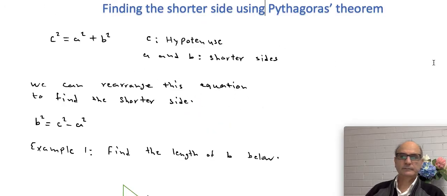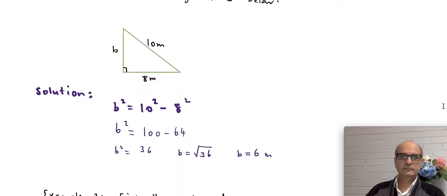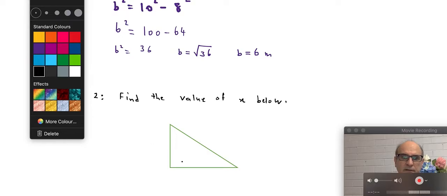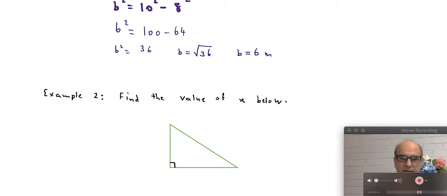This little square tells me that this is a right angle. And I'm going to have 13 millimeters here, and 12 millimeters here, and I'm calling this x.